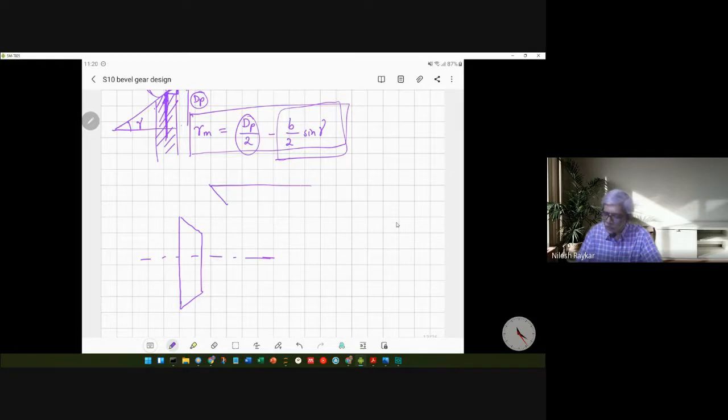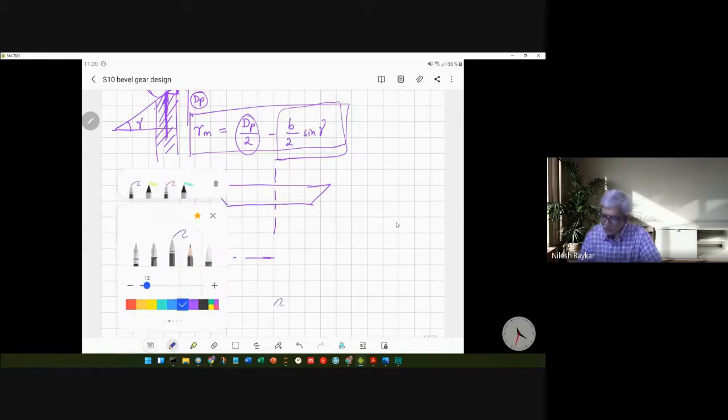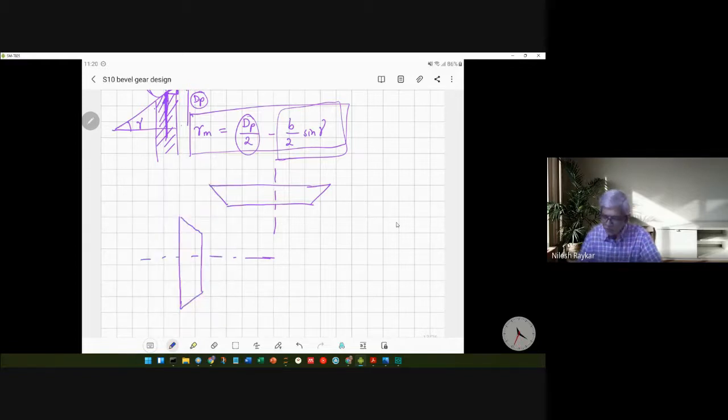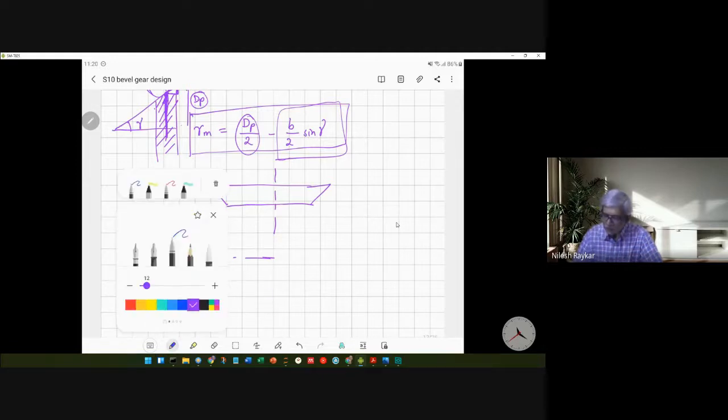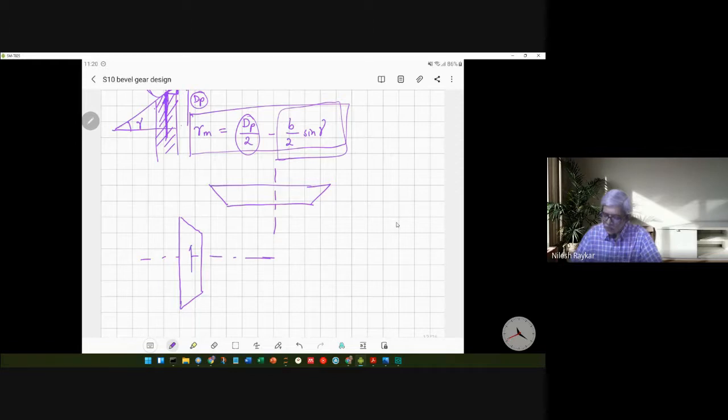I'm just drawing the two gears which are acting there. So let's first decide the direction of motion. Let's say this gear is moving in this direction, so the other gear automatically moves in the other direction.